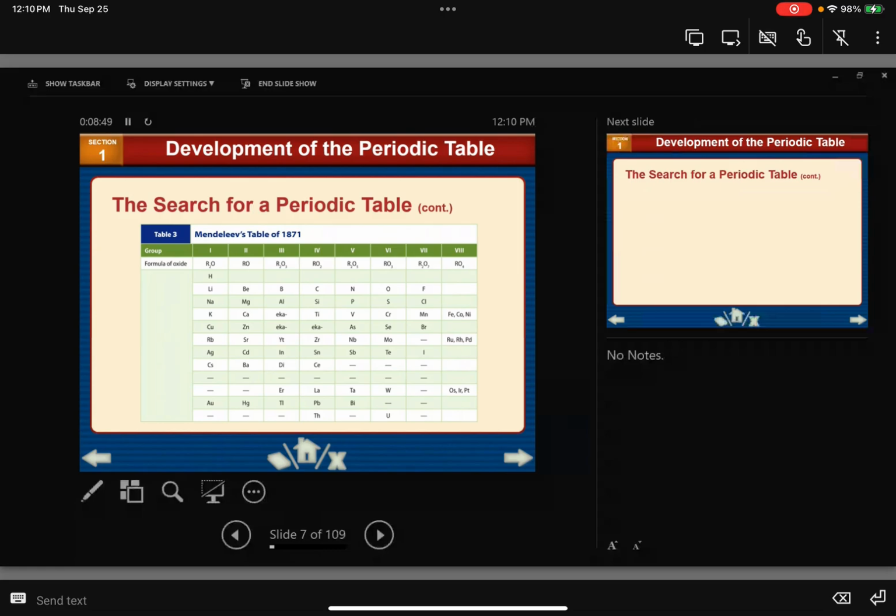So all of these, it would be like H2O, Li2O, Na2O, K2O, Cu2O. Here it would just be RO, so just the element with the oxygen. We have R2O3, RO2, R2O5, RO3, R2O7, and RO4. So different ways that they would combine with oxygen to make an oxide. So we had some information about that.